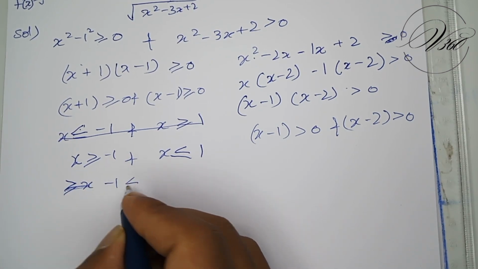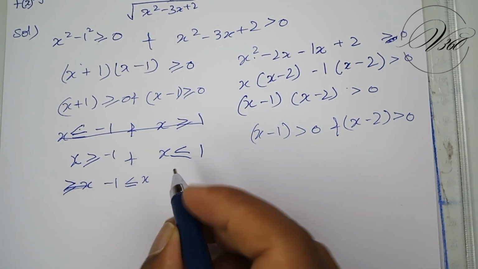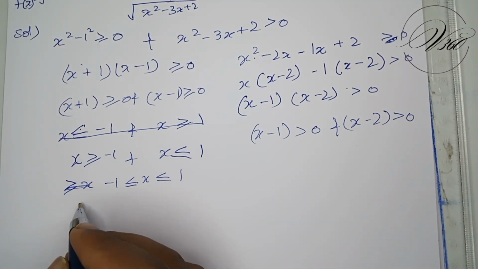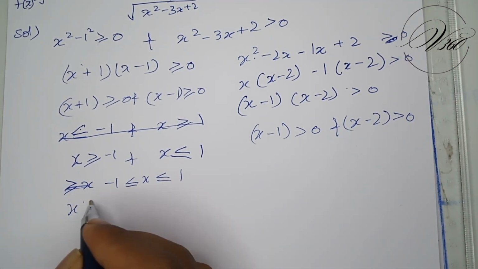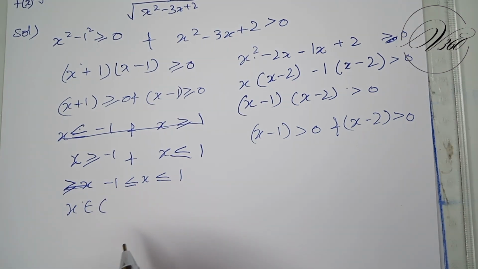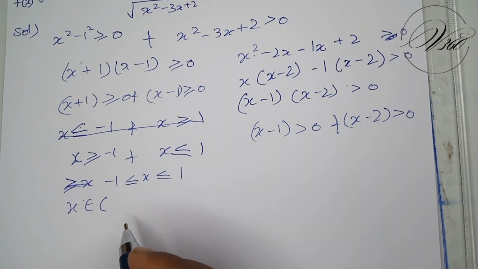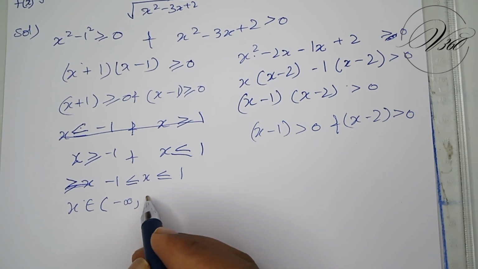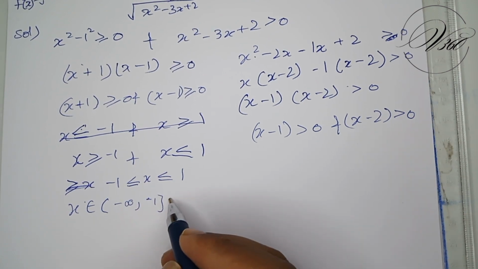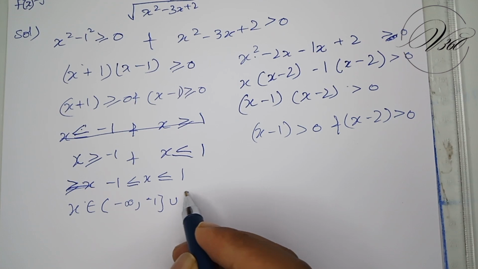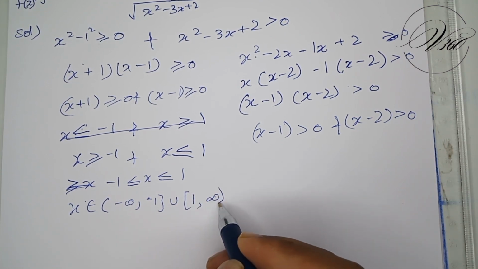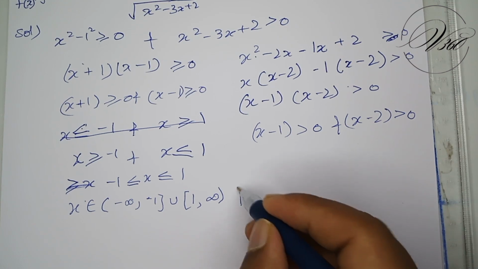Minus 1 is smaller than or equal to x, which is smaller than or equal to 1, and here totally you can write x belongs to minus infinity till minus 1, union with 1 comma infinity.